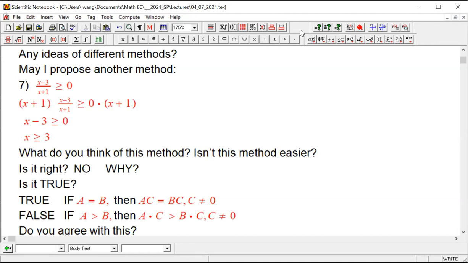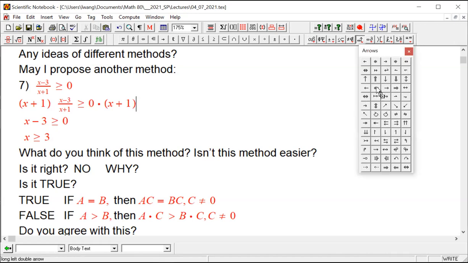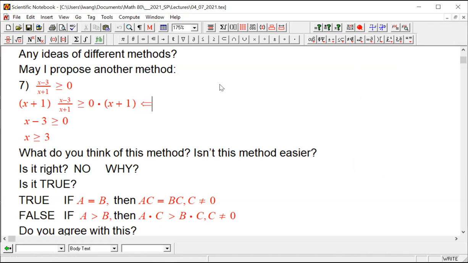So this is the step that is completely wrong, because you don't know the sign. The sign of x plus 1 is unknown.